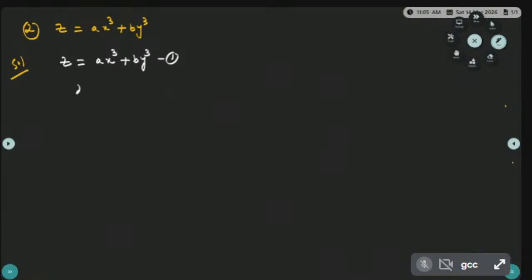It has how many constants? Everybody, it has how many constants, sir?